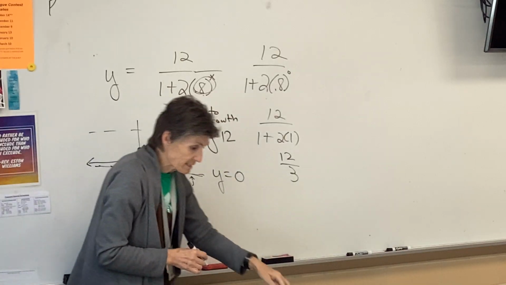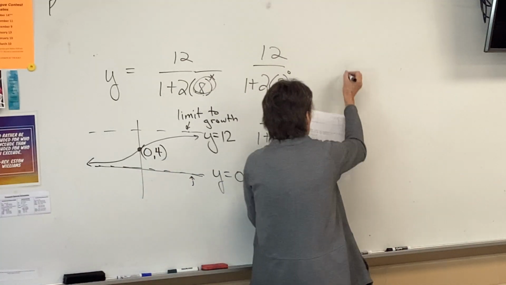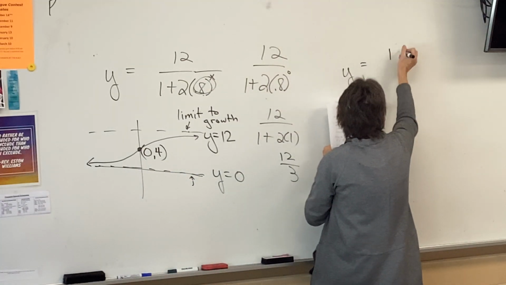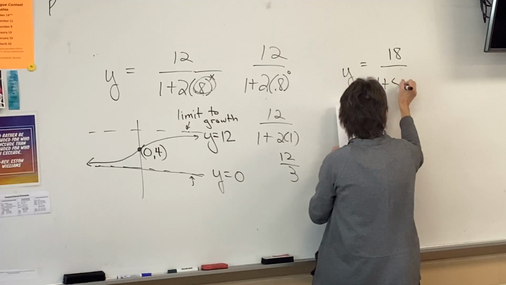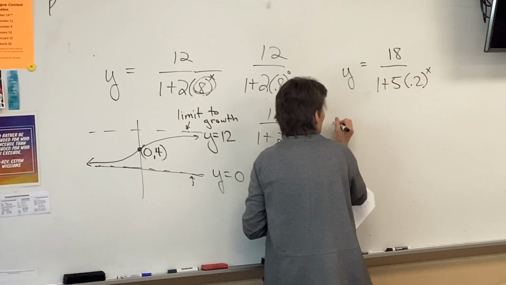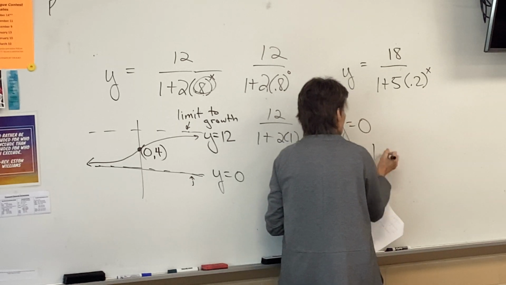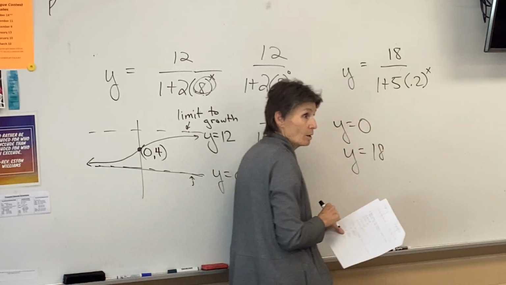Okay? So let's see if you were paying attention. Let's look at problem B. Can you tell me my horizontal asymptotes? Y equals 0 and y equals 18 over 1 or 18.